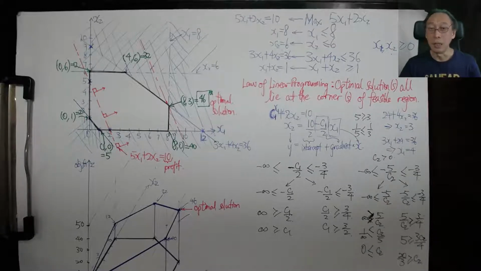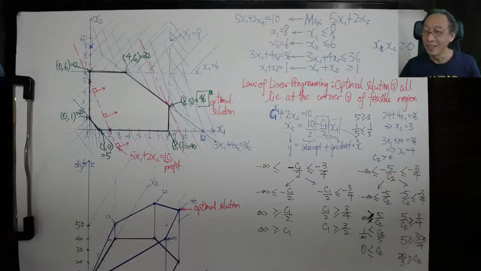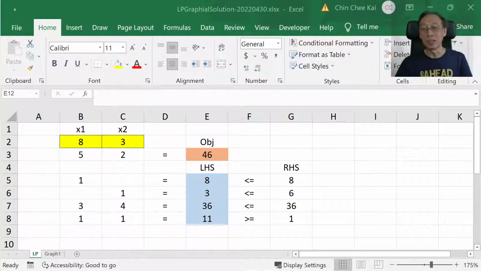All right, so that's basically how we are going to find out the allowable change in the objective coefficients. Okay, so now let's get back to our screen, and I've taken the liberty to just run the Excel.